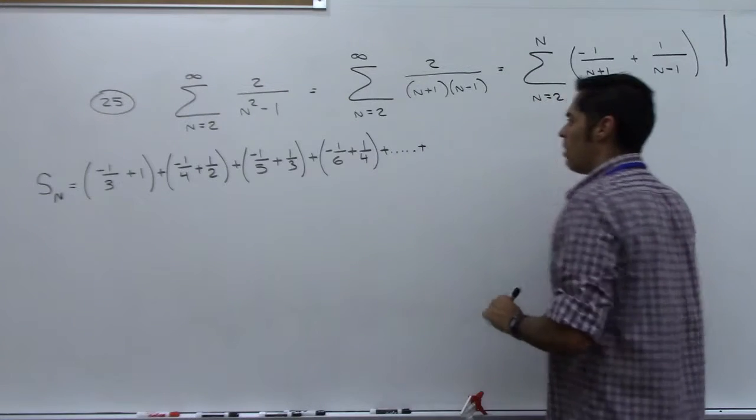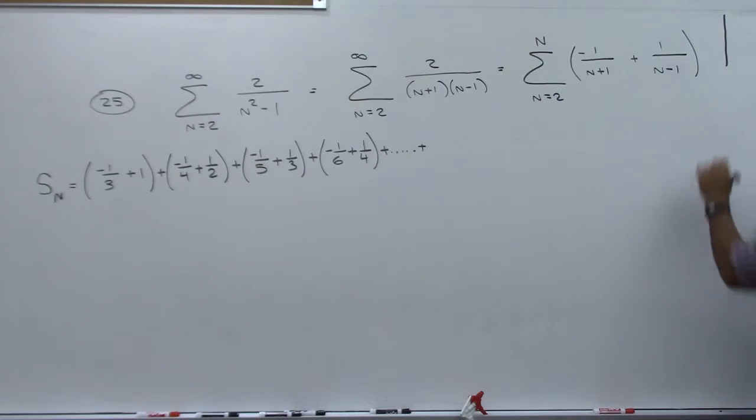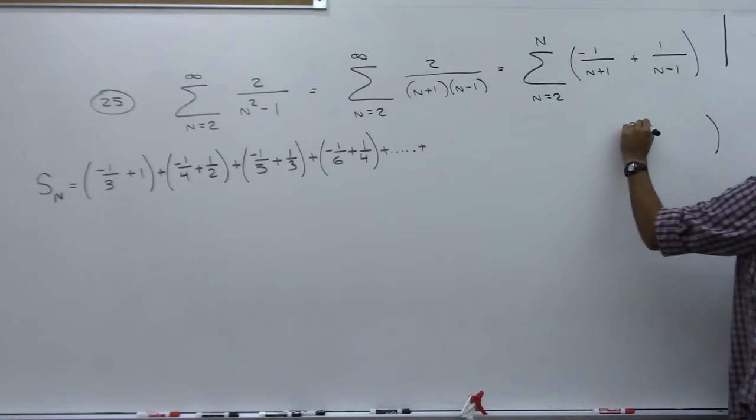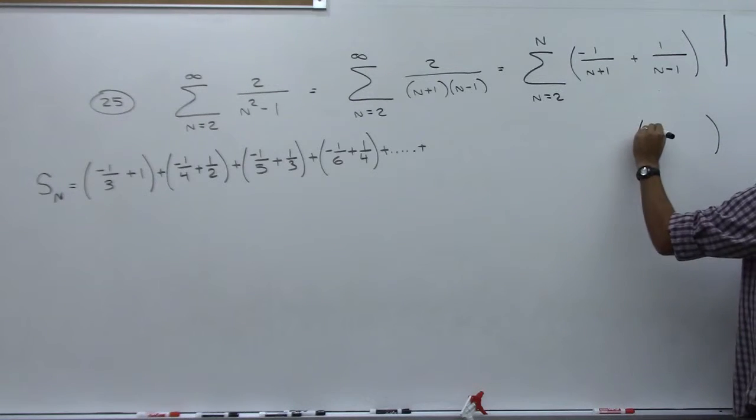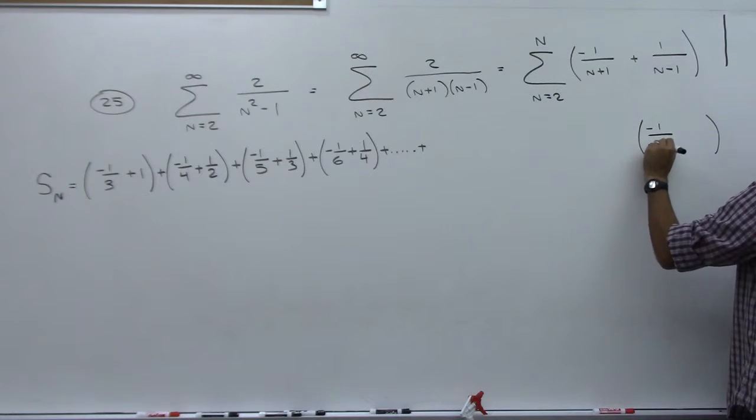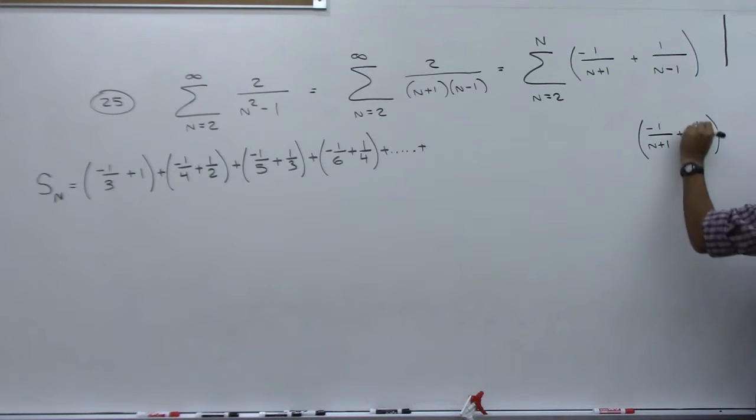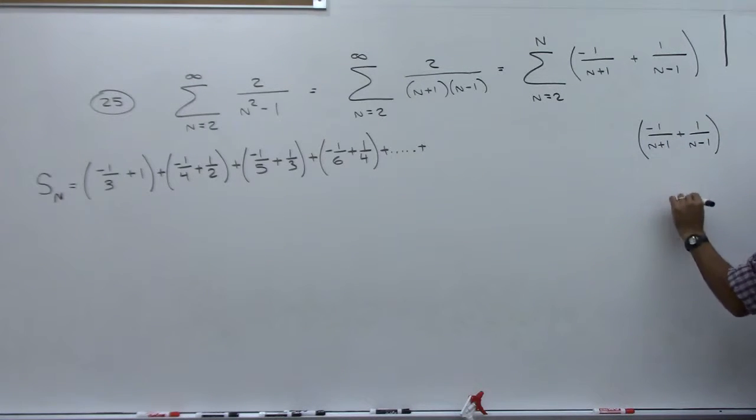Now what we'll do is write out the last ones. The last one would be what I get when I plug in capital N, which is -1 over N plus 1 plus 1 over N minus 1. So that's what happens when I plug in N.